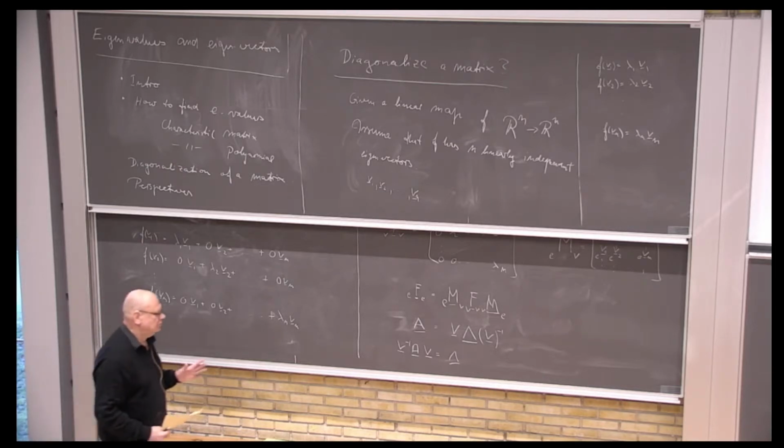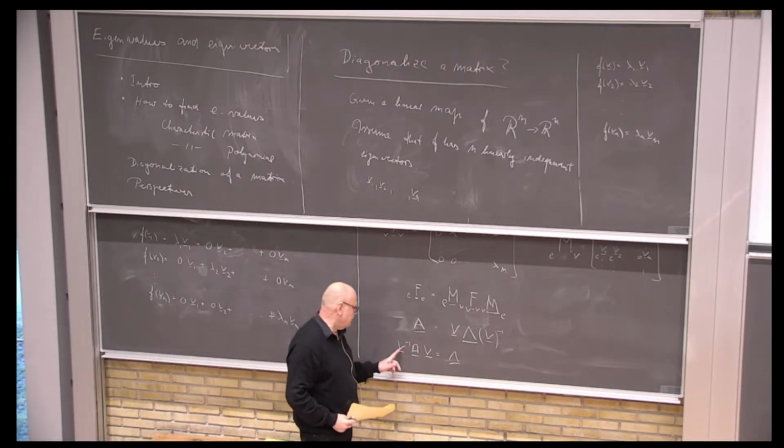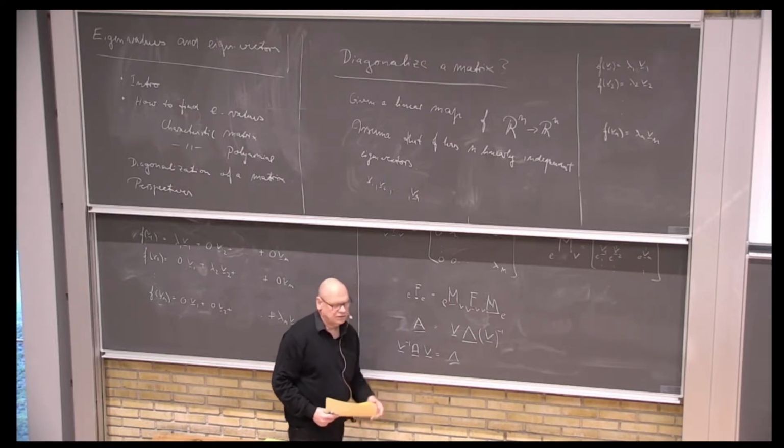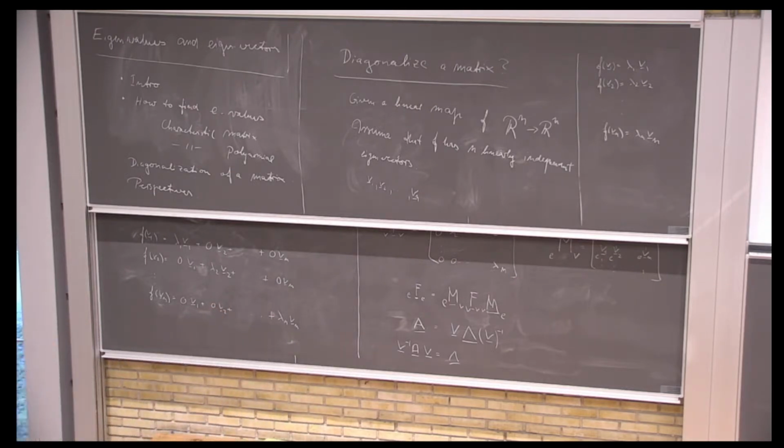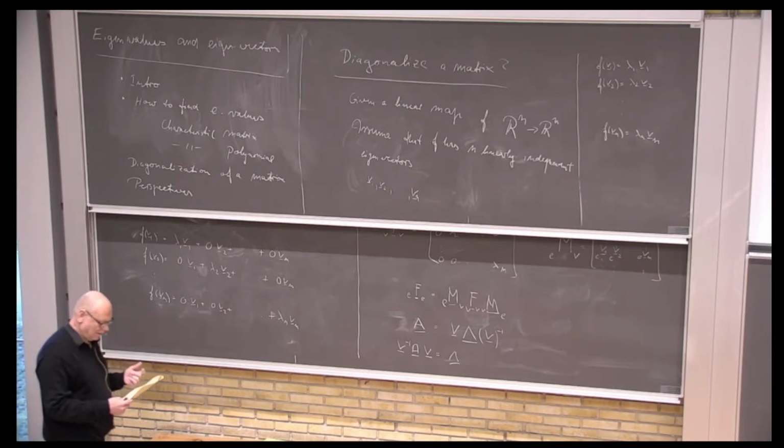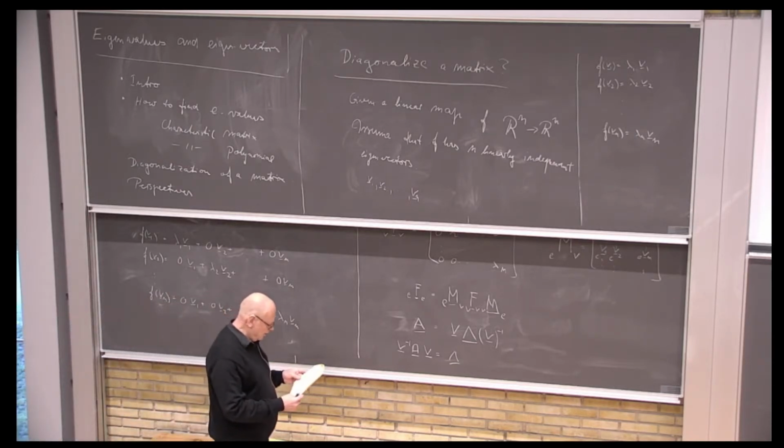So if you have found the eigenvectors and you have your matrix, you can just multiply A in this fashion, and then you get the diagonal matrix. What I'm going to end up today with is that I'm going to show you a nice way of using this.